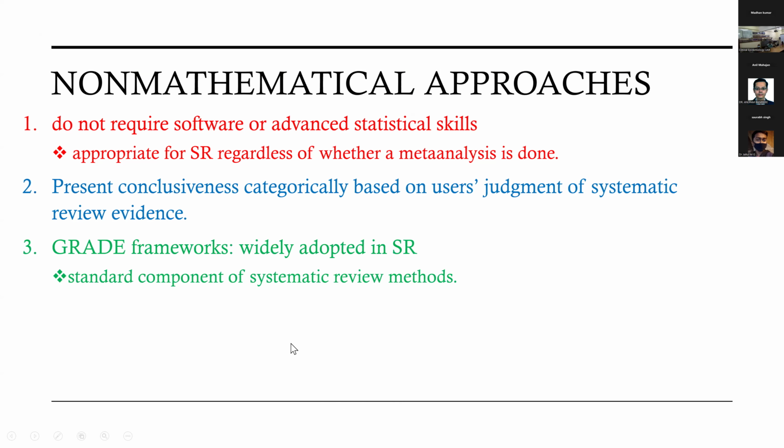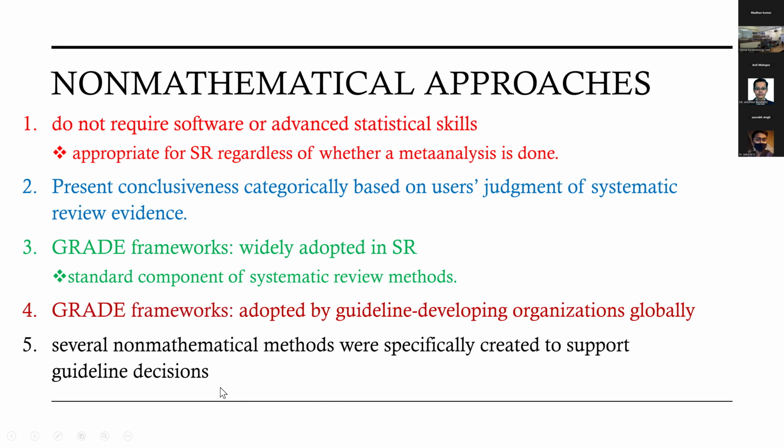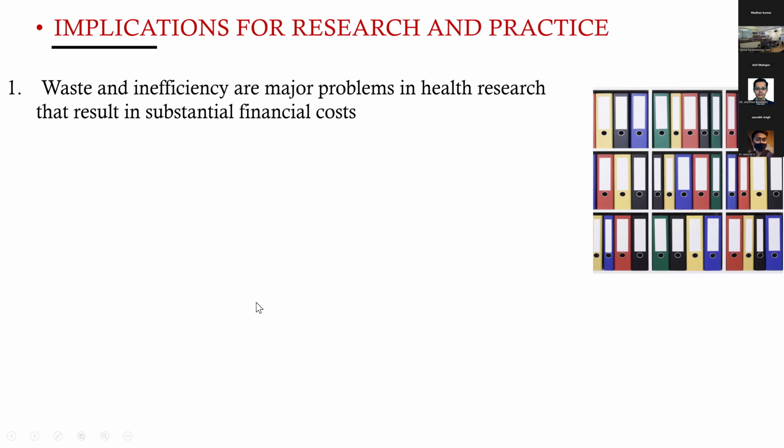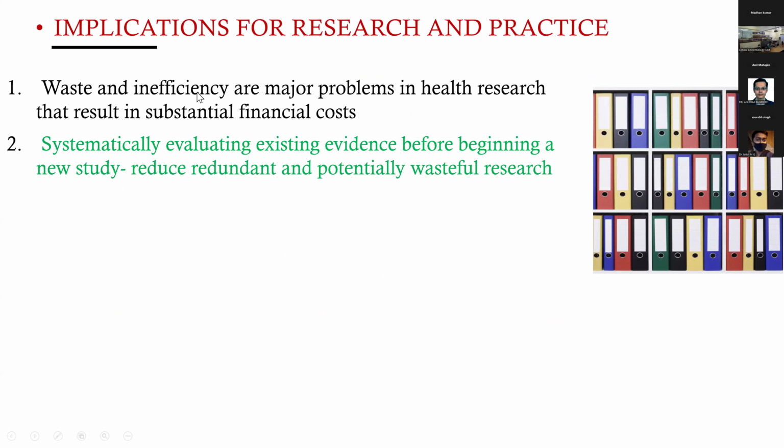What I talked about today is to try to tell you that rather than saying that a systematic review conclusively said this or that, there is some mathematics behind saying the word conclusiveness or inconclusiveness. And the GRADE framework is widely used by people everywhere. So research waste means unnecessarily doing research. If the evidence is already conclusive, don't do another one. That's research waste.